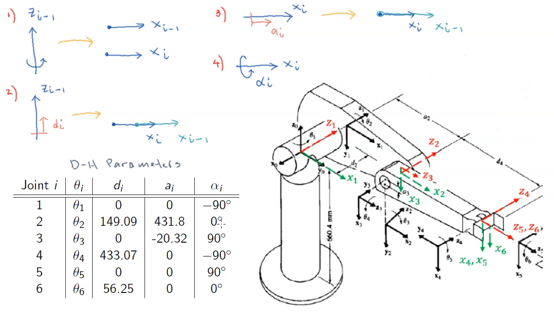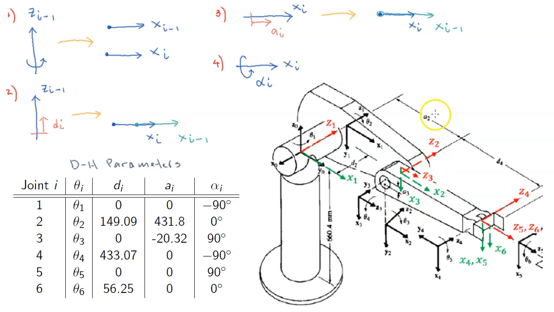Now let's move on to joint number 3. So let's look at coordinate frame 3, which is up here, slightly up here. All right. So the first step. So now I want to find D3. So first thing, we have to rotate about Z2 such that X2 and X3 are pointing in the same direction.